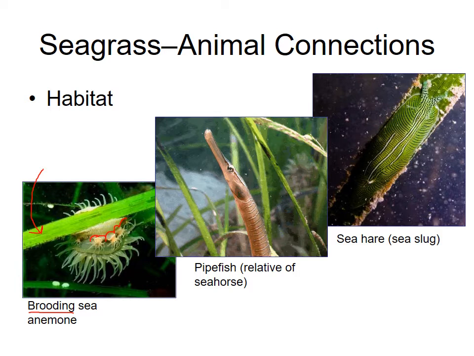Another type of organism that loves to hang out in seagrass habitat is a variety of gastropods, so slugs and snail-like organisms. A slug, of course, is just a shell-less snail, and many times in the evolutionary tree of gastropods, which are the slugs and snails, snails, which had shells, and that's the ancestral form, lost the shells, so there are many shell-less snails that we refer to as sea slugs or nudibranchs.